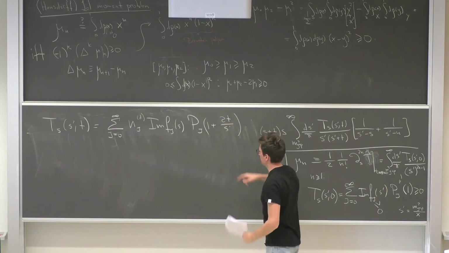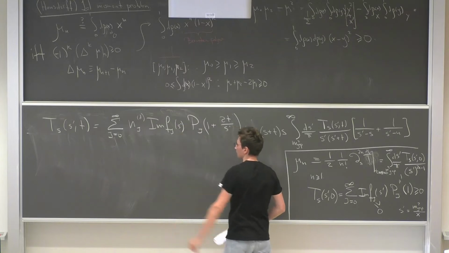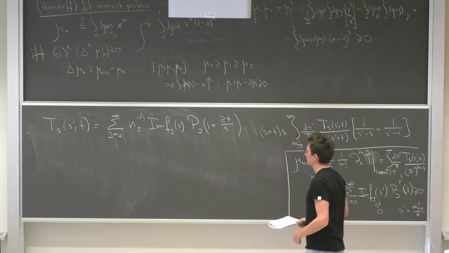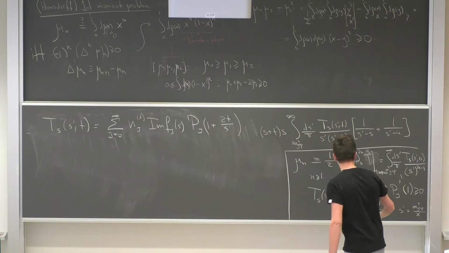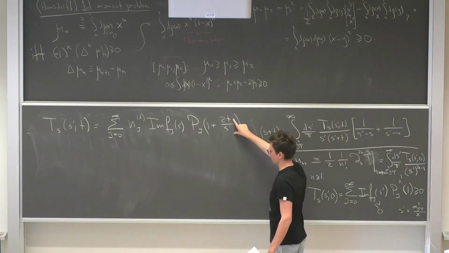Here I'm taking the particles to be massless, that's why there is no more 4m squared here. So what's the difference compared to this formula? The difference is that instead of this P_J of 1, we now have this dependence.